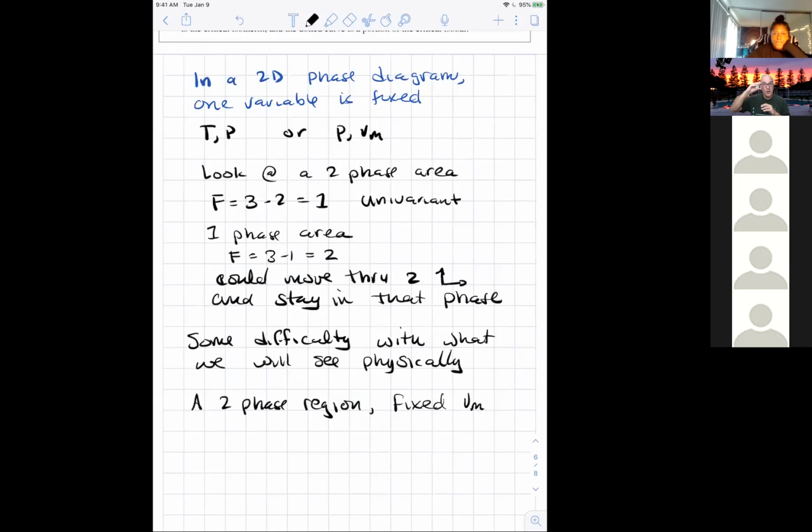We don't know the amount in each phase as we vary T and P. The only way we could do this maybe is measure the volume change of the liquid and do some sort of calculation. But in general, if we have a 2-phase system, we're fixing the VM, the molar volume, but that's a gross molar volume. In other words, it's some average, and we're going to have to figure out a way to deal with that, and we will.